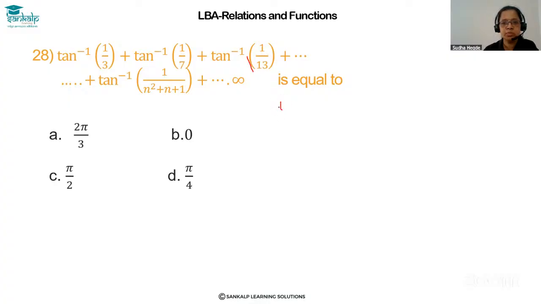Okay, the general term here is tan inverse 1 divided by n square plus n plus 1. You can rewrite it as tan inverse 1 divided by n into n plus 1 plus 1, correct?